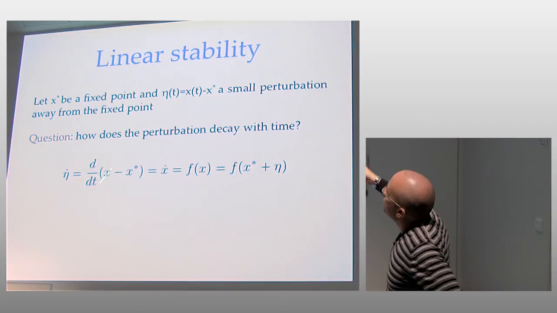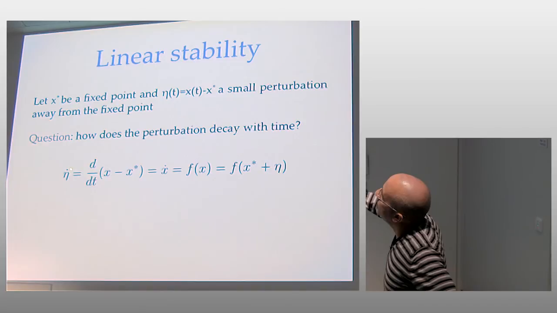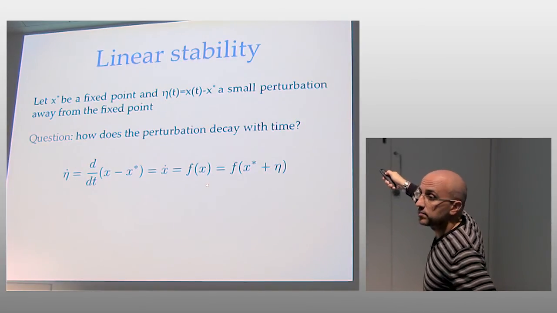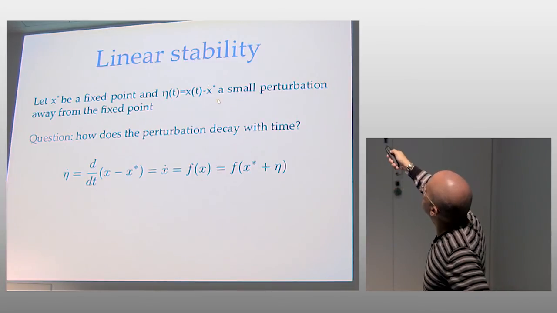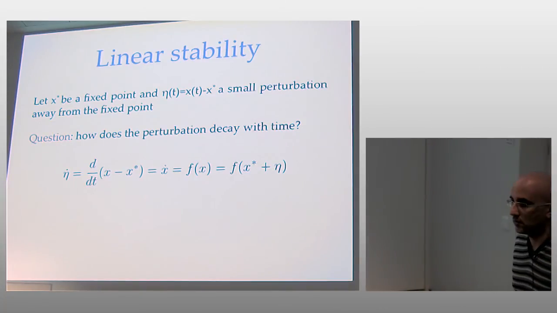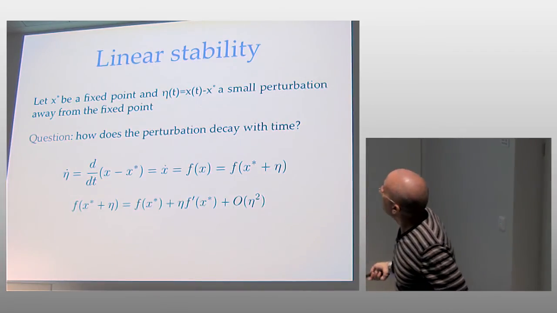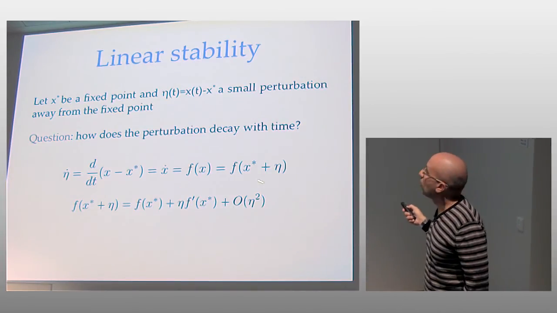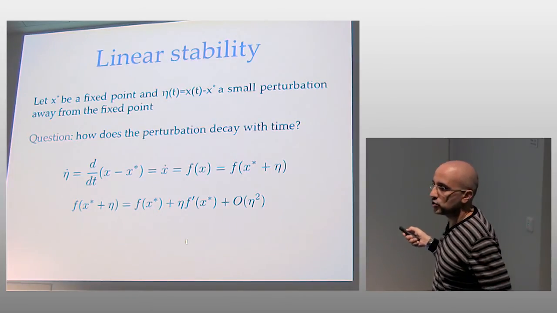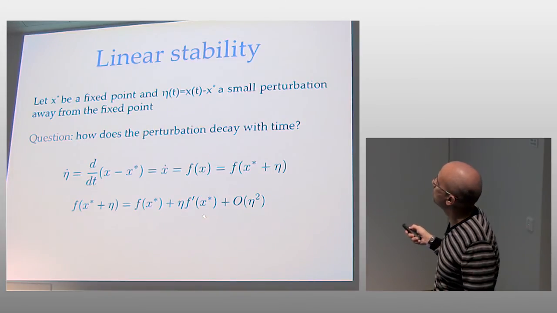So in order to find out how it changes in time, we have to take the derivative of this. x star is a constant, so the derivative of eta is just the derivative of x, which is f of x, where x is, as I said, x star plus eta. All right? But now, if eta is sufficiently small with respect to x star, I can make a Taylor expansion of this and stop after the first order approximation.